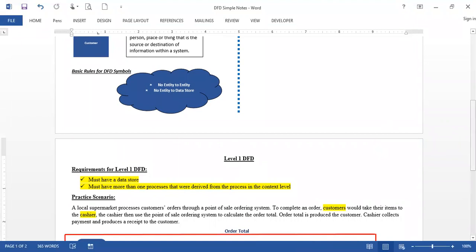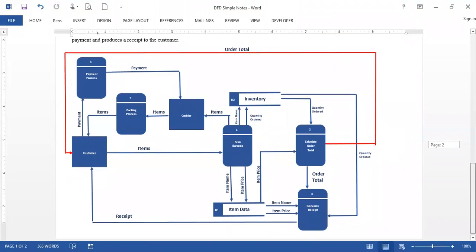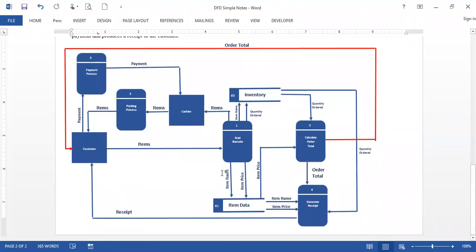So just follow the rules and you should be fine. So the processes that were identified, 5 processes were identified. Some persons might identify 3, 4, 6. It just depends on your interpretation. And then, as I said before, what matters is that you're following the rules.